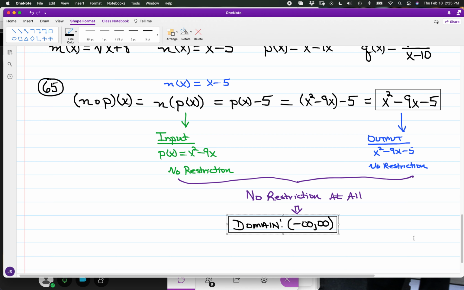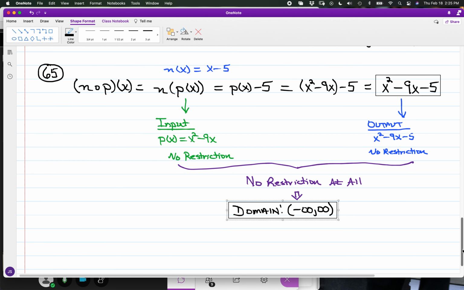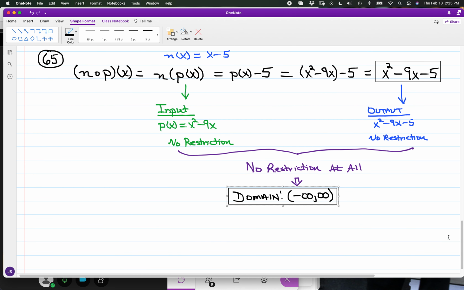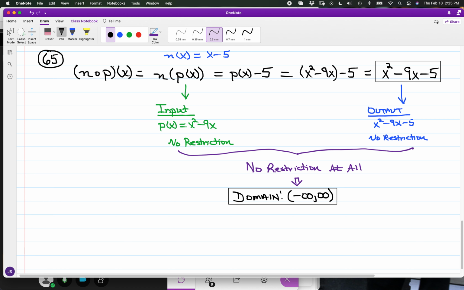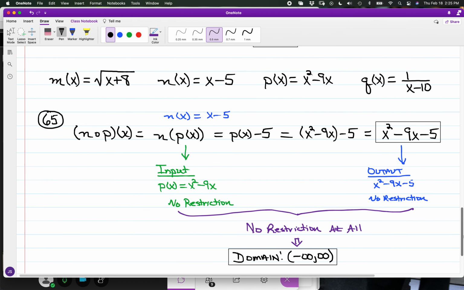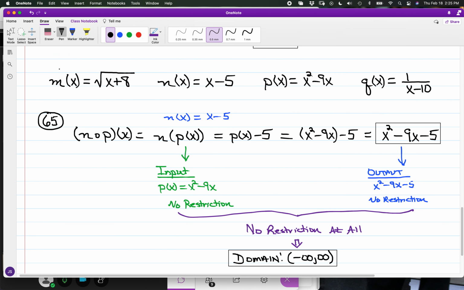Right. Now, in the case of the next composition, number 66, this time we are involving the functions p and n.